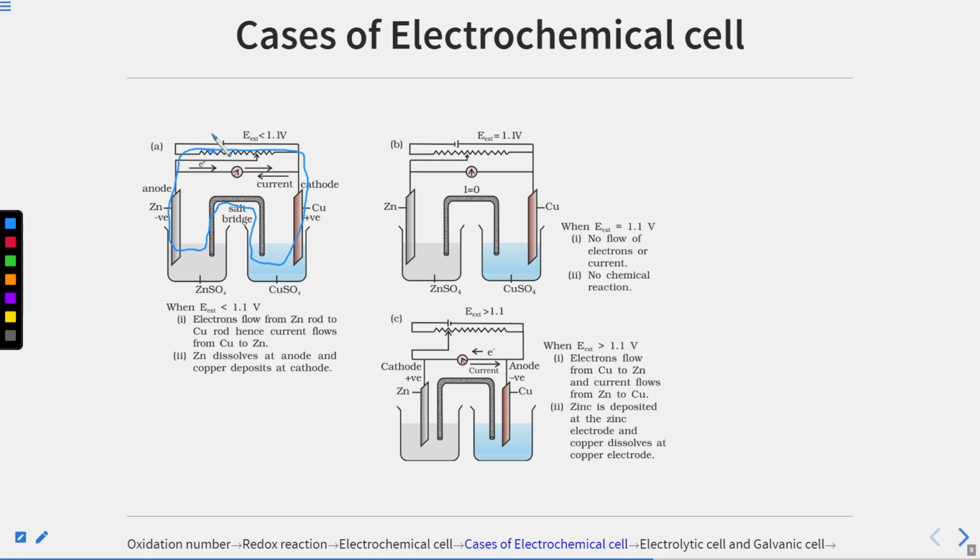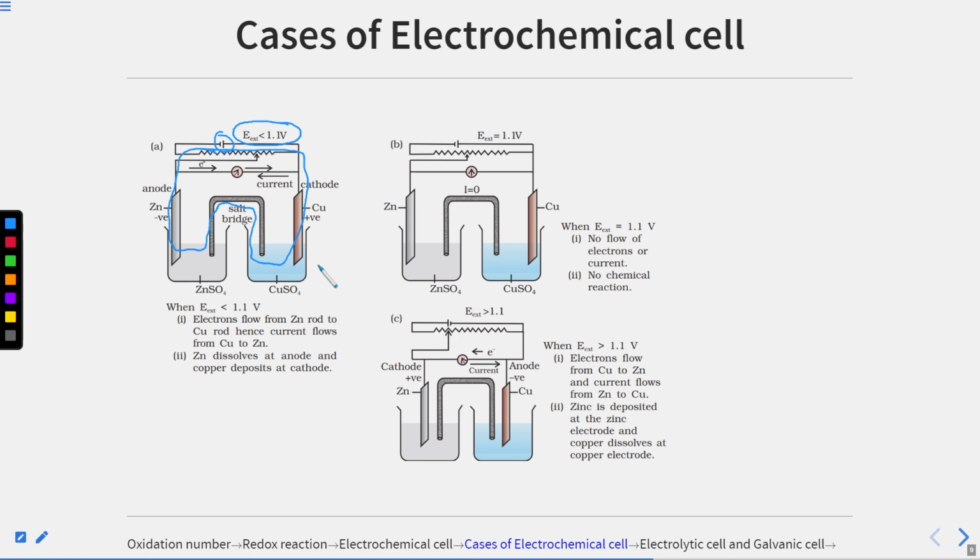Now what we are doing, we are applying voltage here with the help of a cell. So if that voltage is less than 1.1 volt, okay, if it is less than 1.1 volt. So 1.1 volt is the potential of this circuit.